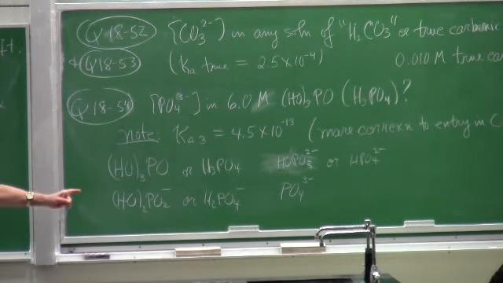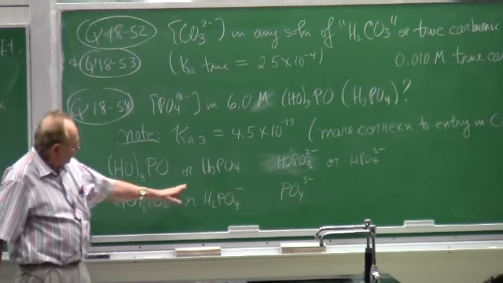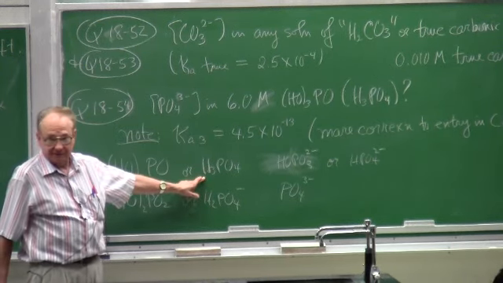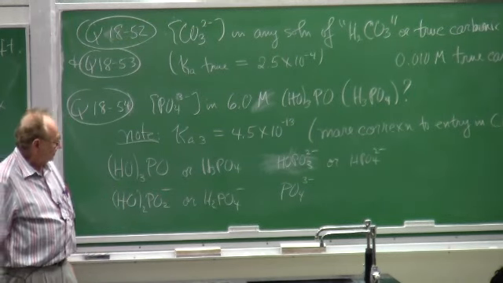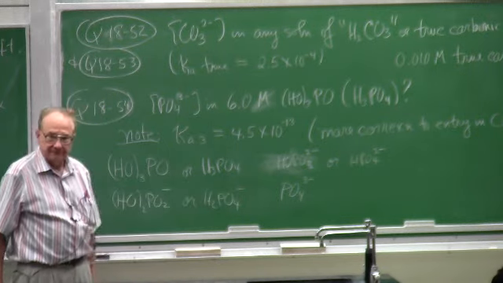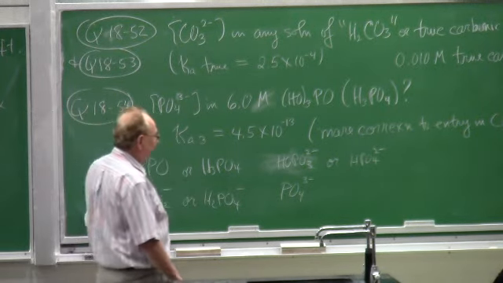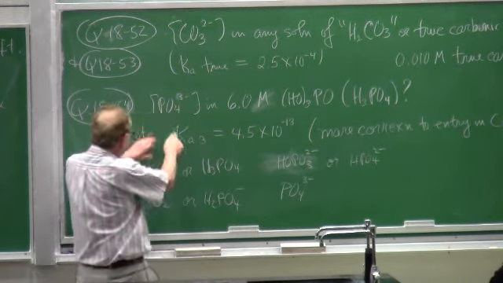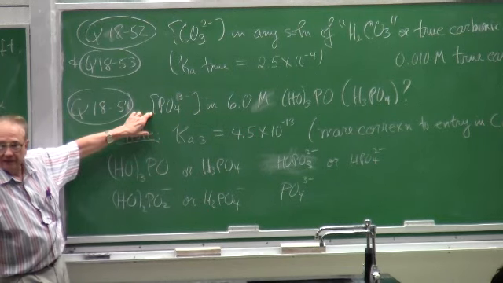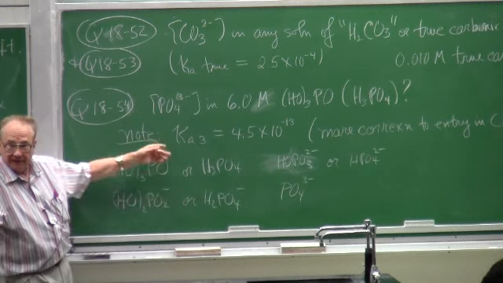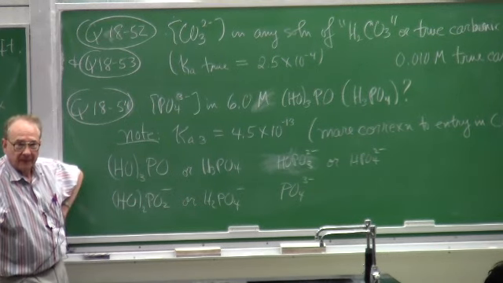It is for this solution the phosphate ion molarity that we wish to determine. Notice the phosphate ion is produced after the parent acid loses 1, 2, 3 H pluses, not 2. So you recognize at a glance you have to go to Ka3, because you don't make phosphate ion until you get to Ka3.